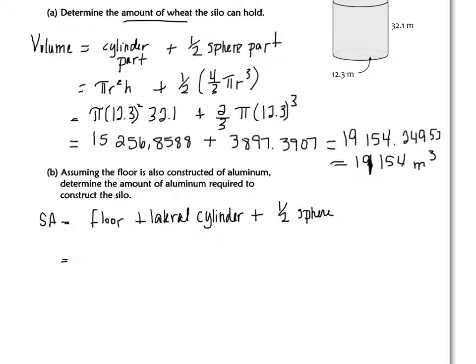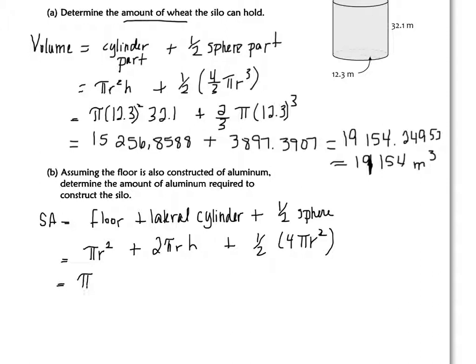Your floor would just be pi r squared, because it's just a circle. The lateral part of the cylinder would be 2 pi r times the height, and the half sphere would be half of 4 pi r squared, since there's no bottom in it.